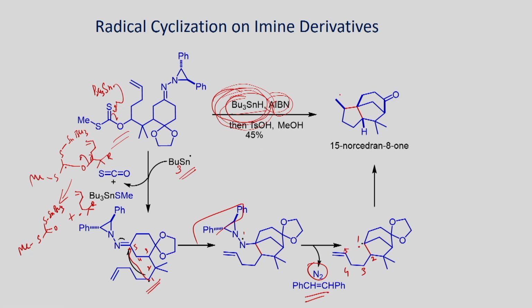Once we have this radical, it can react with tributyl tin hydride. In this way you can introduce the hydrogen atom here, and you can form a polycyclic system. You can see here, through the radical cyclization, you form two carbon-carbon bonds to get this fused cyclic system as the product.